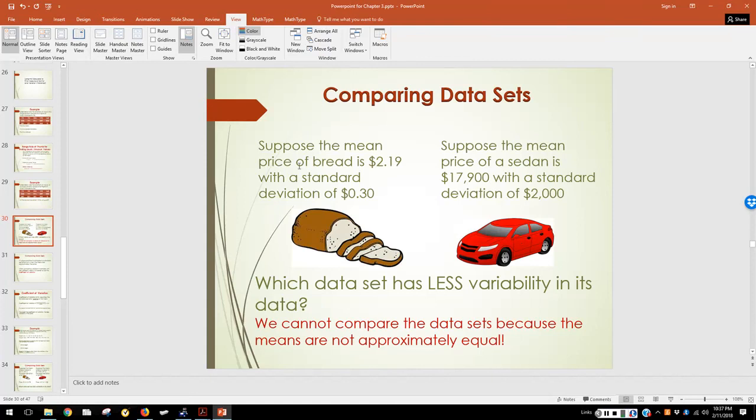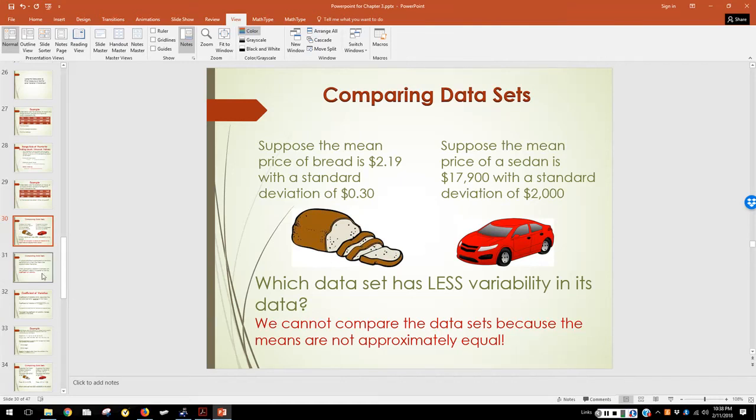It's hard to compare the price of bread with the price of a car, largely because even though the standard deviation is very small for the slice of bread, and a lot larger for the car, the mean of the car was a lot larger than the mean for the price of the bread. So in order to discuss which set has less variability, we have to have a measure that would compare it appropriately because the means are not equal.